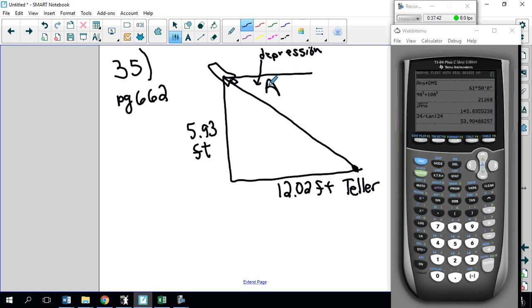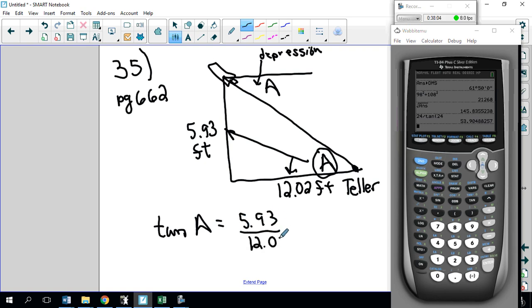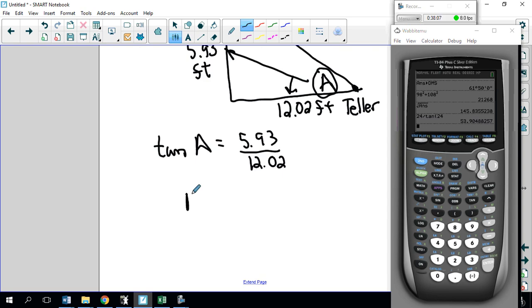But this angle here is this angle here. Alternate interior angles are the same when you got parallel lines. So we just got to find this angle. But I'm sitting on this angle, and I see the opposite. I see the adjacent. So I'm going tangent of A is 5.93 divided by 12.02, and A is inverse tangent of that stuff.